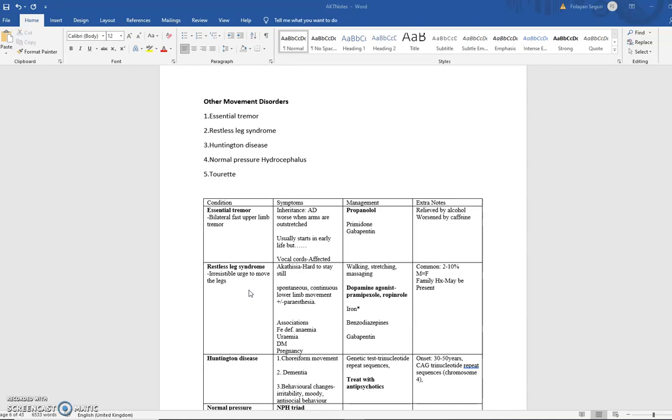Other medications that can be used include benzodiazepines and gabapentin. If you look here, I've put a star on iron. Iron has a place in restless leg syndrome that is associated with iron deficiency anemia. So I have some extra notes here.